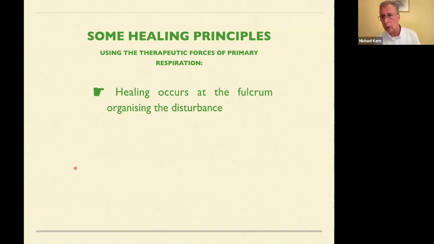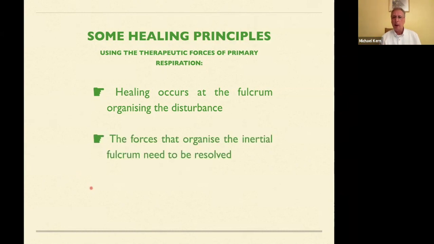We work with the whole body, helping to resolve whatever it is that's being held at the fulcrum. And for the fulcrum to resolve, we need to resolve the forces that organize the fulcrum.